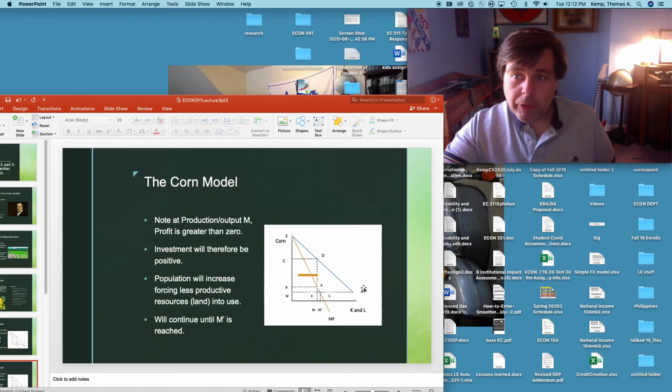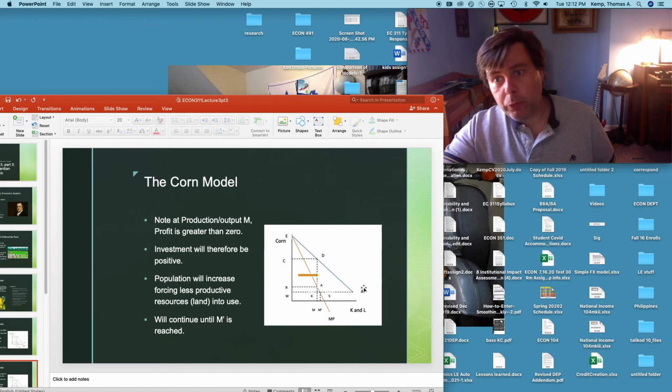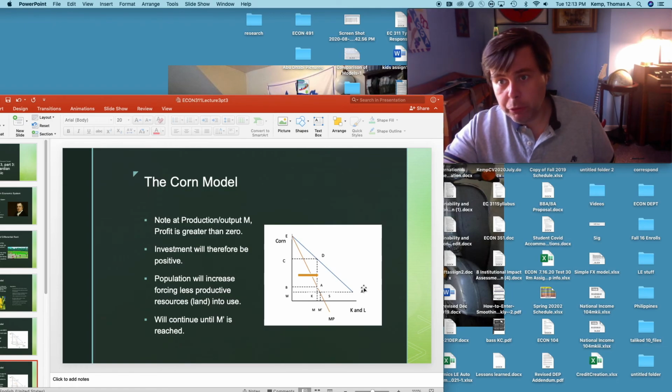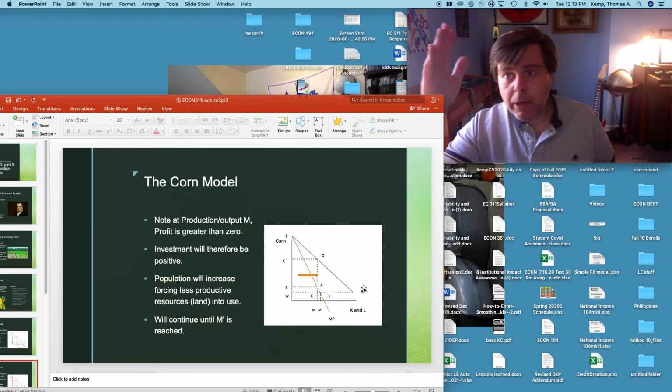As a result of that greater productivity, there'll be more food produced than what's needed for subsistence in the short run, and workers will produce more workers. And that process will continue until we get out to production level M prime.